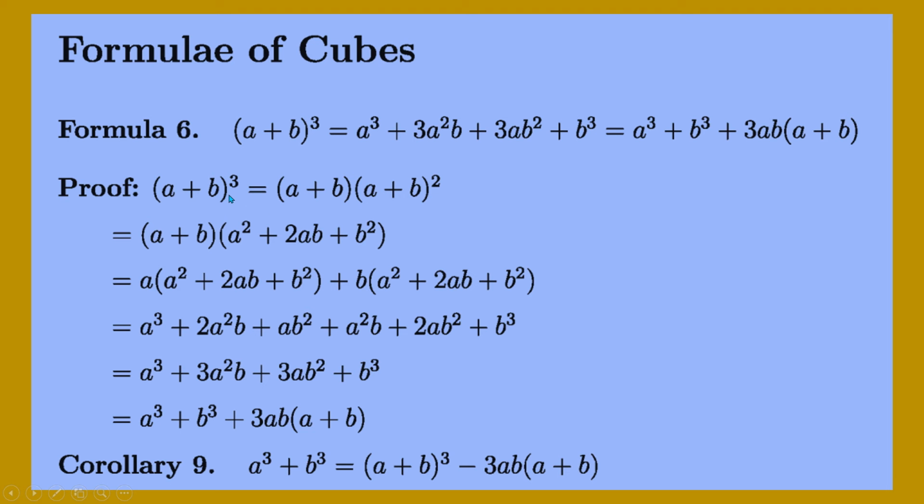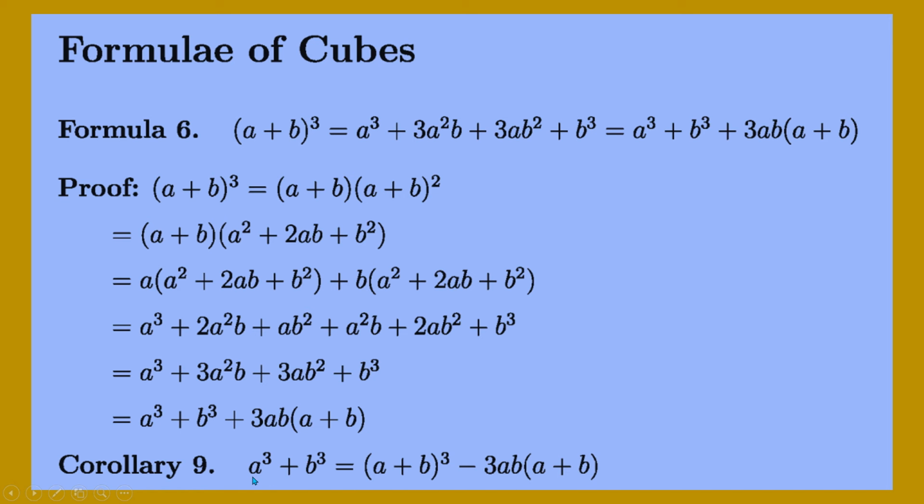Here the left side is (a + b)³, so when we convert this into the left side it will be (a + b)³ − 3ab(a + b), and the right side will be a³ + b³. That means the left side will be (a + b)³ − 3ab(a + b) and the right side will be a³ + b³. Again we can convert this so that the left side will be a³ + b³ and the right side will be (a + b)³ − 3ab(a + b). That means this corollary will be made.